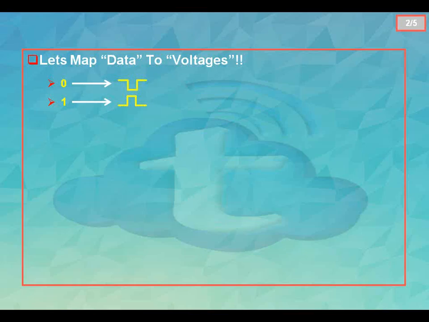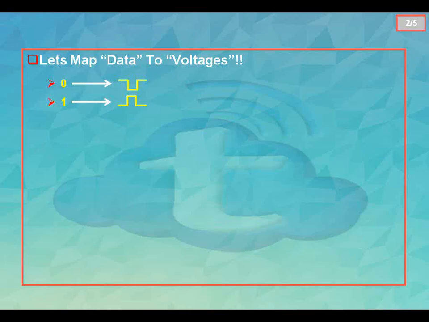If you want to send a 0, you send a negative voltage to the other computer, and it will understand it as 0. You send a positive voltage, the other computer will understand it as 1. That means by mapping data to electrical voltages, you can easily send zeros and ones from one system to another system.